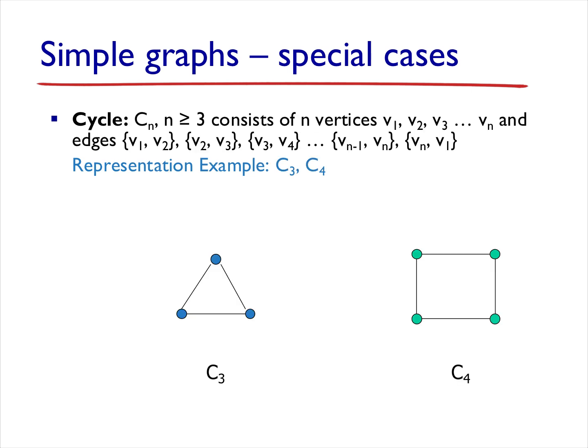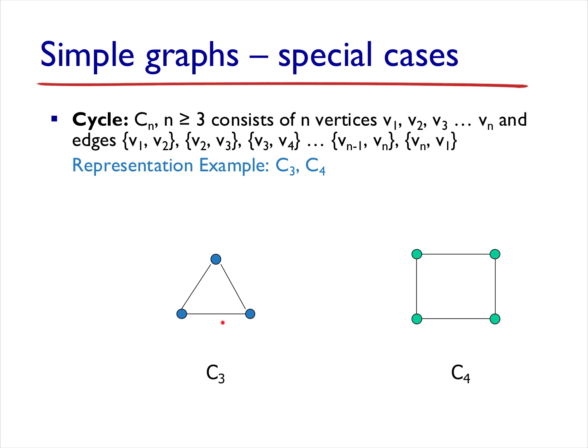Another thing is what's called a cycle. A cycle is where you can move in a fully closed circle, passing each vertex in the graph through a single edge.